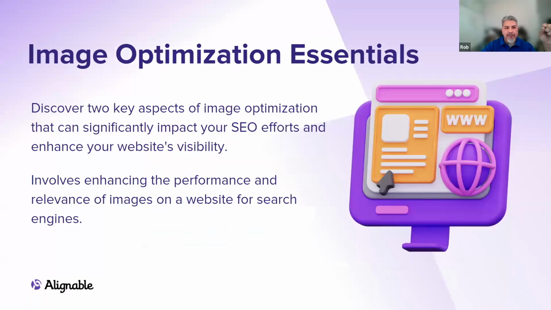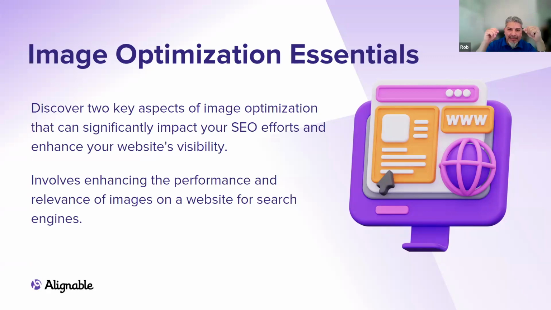Image optimization. So we're going to discover two key aspects of image optimization that can significantly impact your SEO efforts and enhance your website's visibility. Because it's easy for us to just throw an image up on our website. Oh yeah, it looks pretty, looks great.